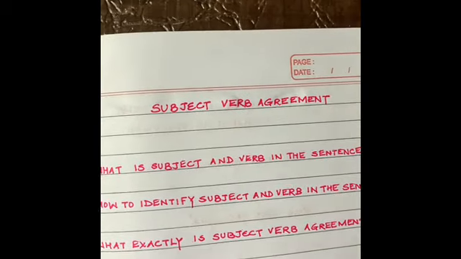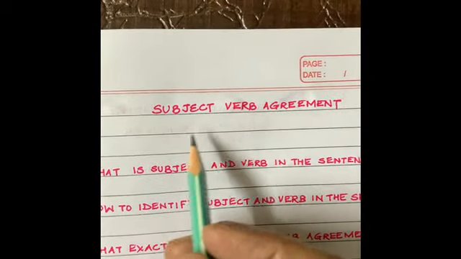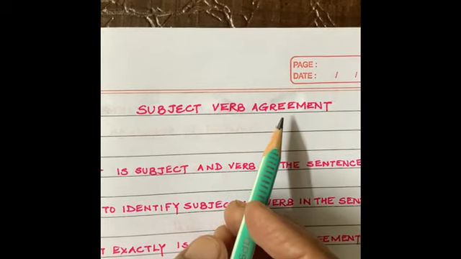Students, in today's video, we will be doing the topic of grammar, that is subject-verb agreement. So come, let's start. In this video, we will learn the basics of subject-verb agreement.